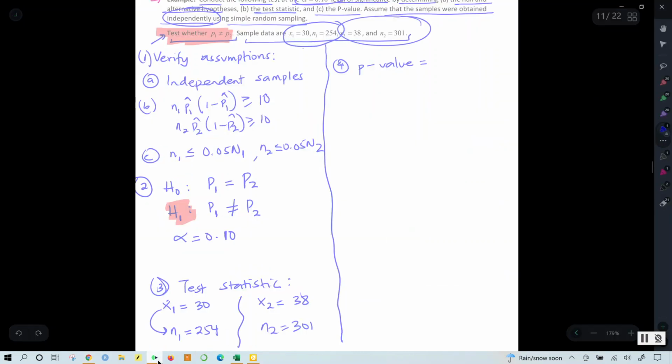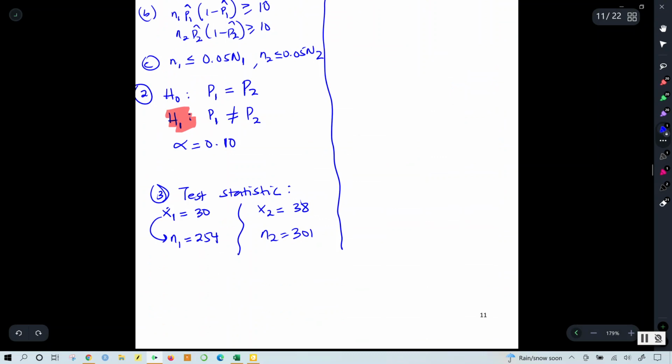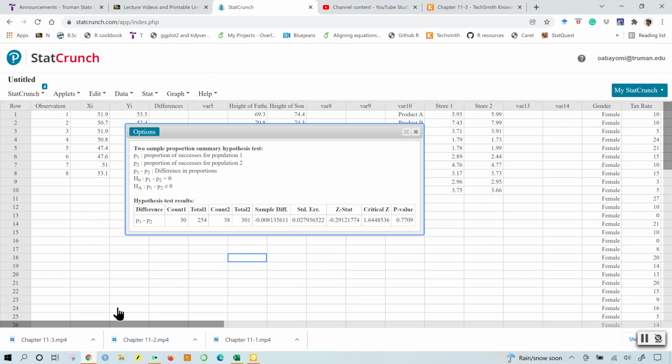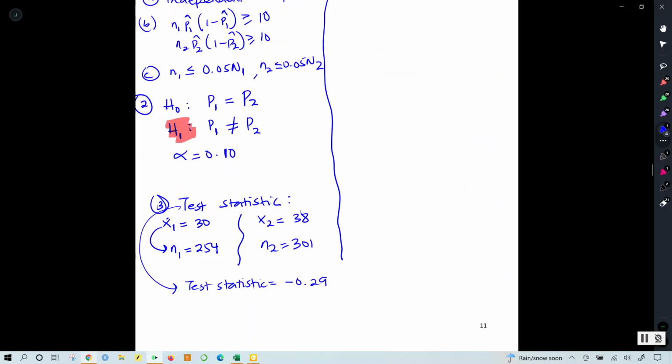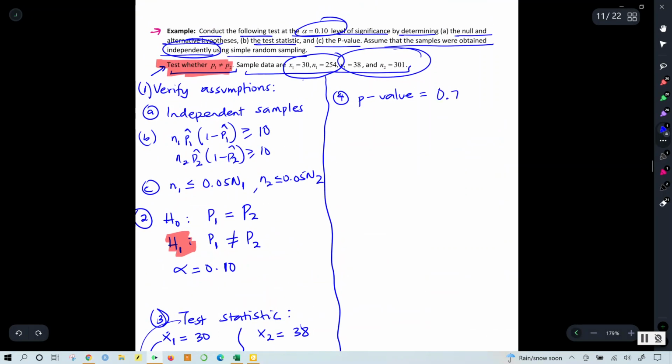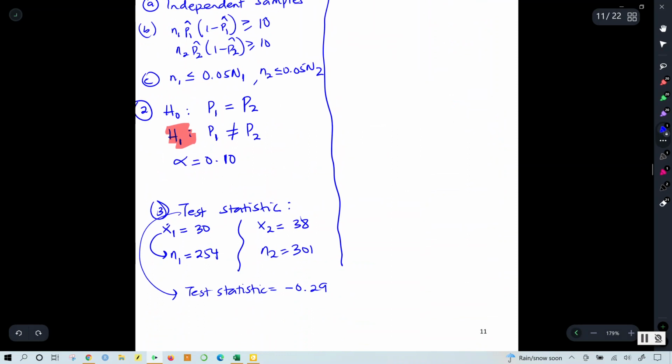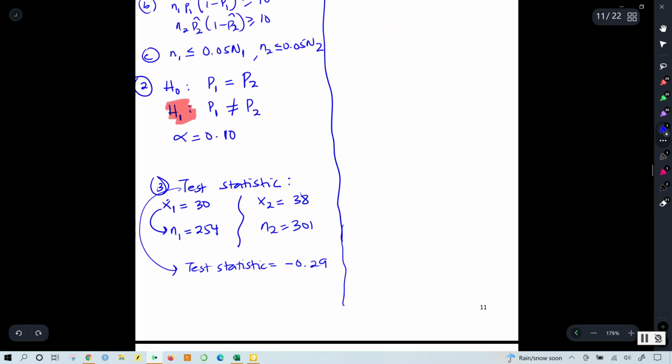So I'll take that back: the value of the test statistic is negative 0.29, based on what we got from StatCrunch. And then our p-value is 0.7709. So I'll put that up here.